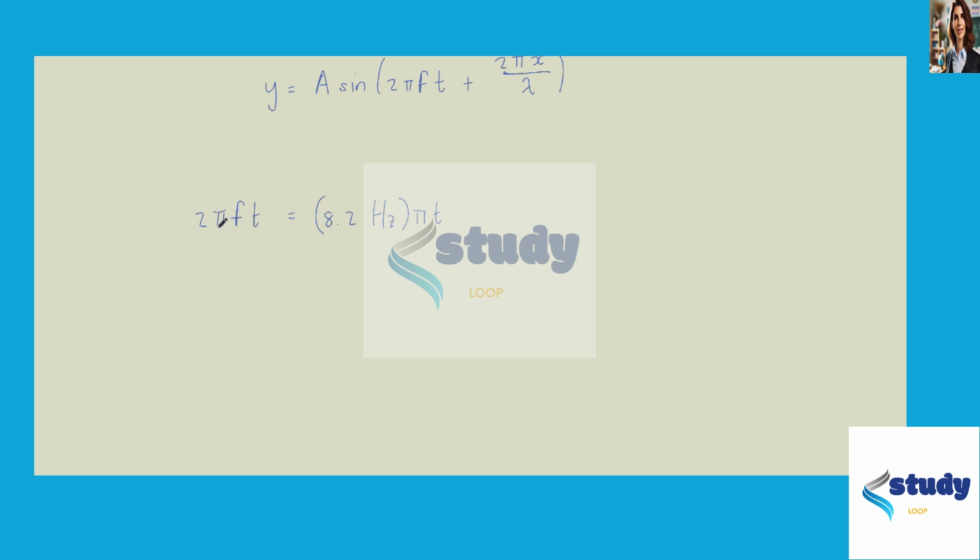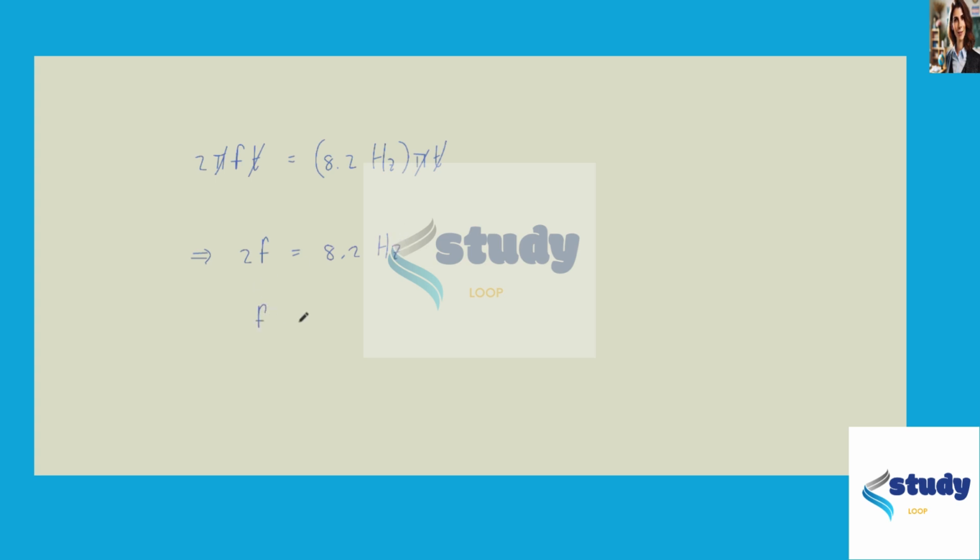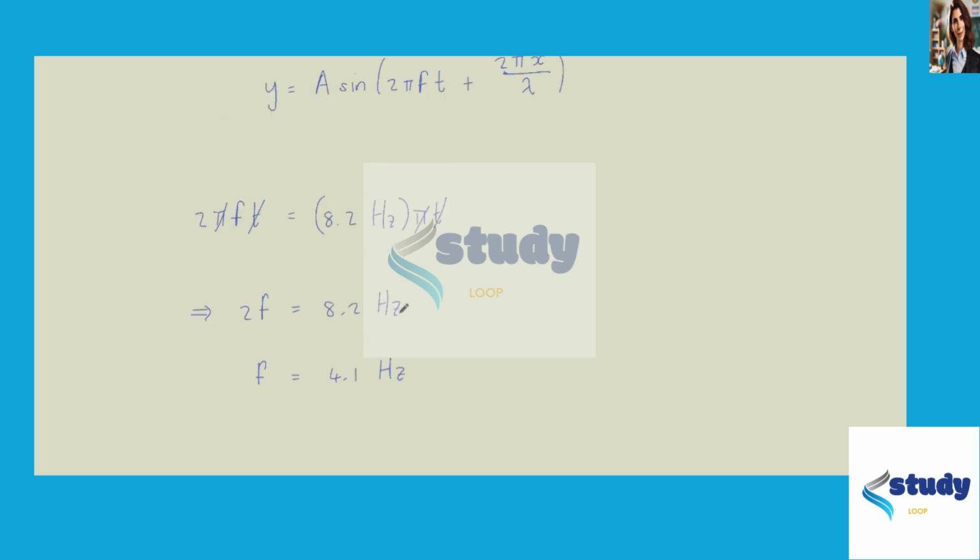So we can see the pi and t cancel on both sides, and we are left with 2 times the frequency f must equal 8.2 hertz, which means that the frequency f is equal to 8.2 divided by 2, which is 4.1 hertz.